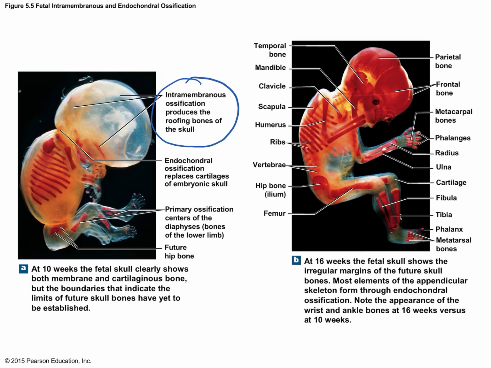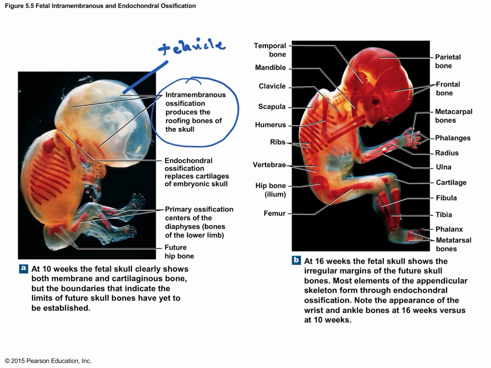What's happening here is this tissue is called mesenchymal tissue, or mesenchyme. This is going to turn immediately to bone. So there's no cartilage here. This tissue just becomes bone. And the skull, plus your clavicle, is made in this way.